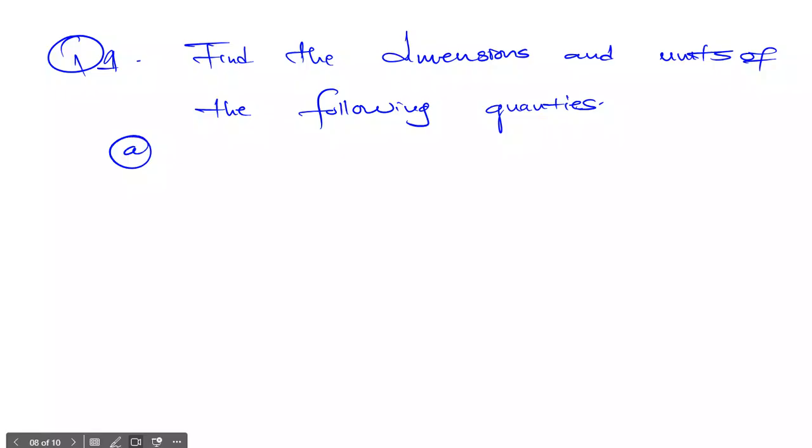Number 1, find the dimension for momentum and its units. Then B, find the units and the dimensions for work or energy.